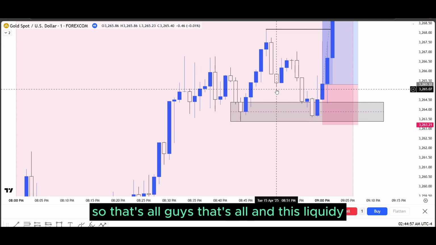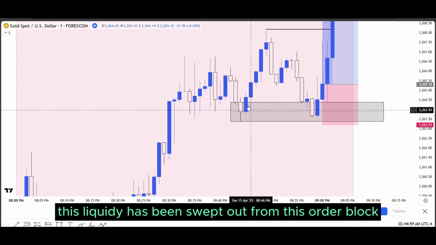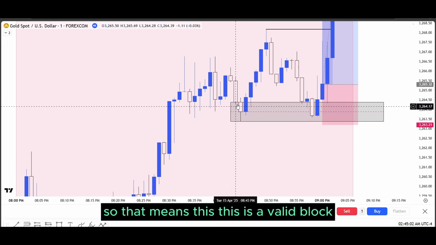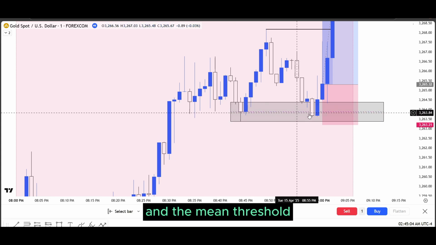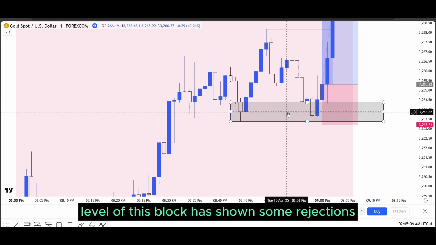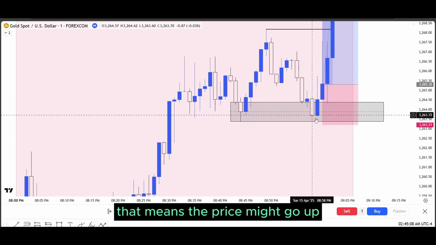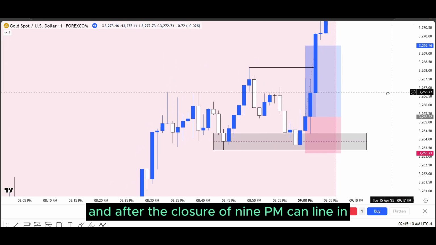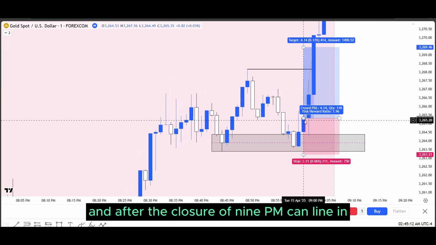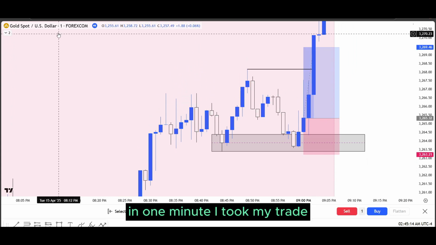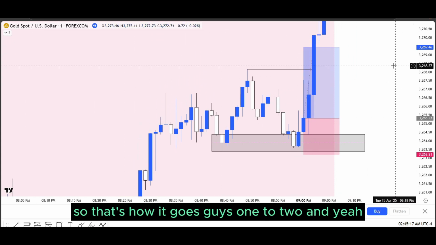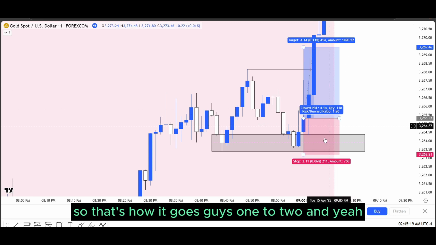This liquidity has been swept out from this order block, so that means this is a valid block. And the mean threshold level of this block has shown some rejections. That means the price might go up, and after the closure of the 9 p.m. candle, I mean in 1 minute, I took my trade. So that's how it goes guys, 1 to 2.